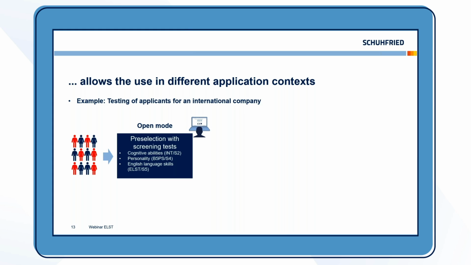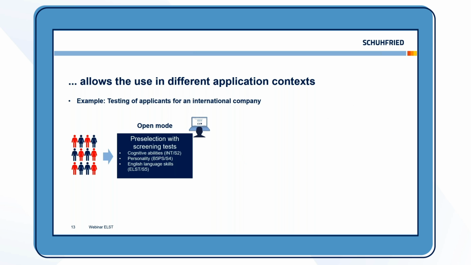The second example would be a scenario in which applicants are tested in the recruitment process of an international company. So of course, ELST can also be integrated in multi-stage selection processes.